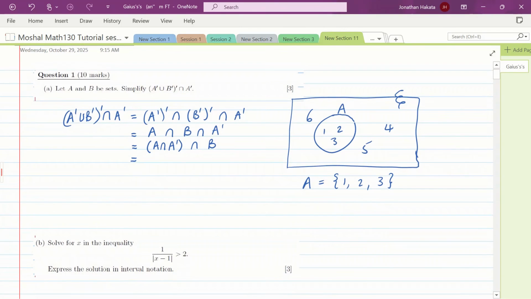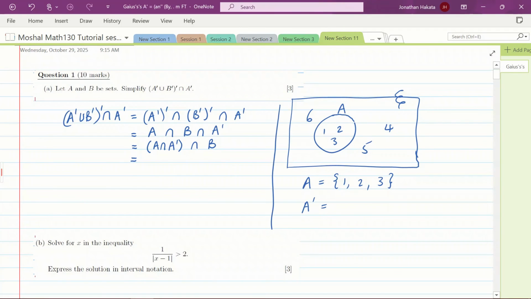Yeah. Okay. So tell me, what are the elements of A complement from this example that we are doing? 4, 5, and 6. Okay. So A complement would be 4, 5, and 6. These are the things that are not in set A, right? Now, what is A intersection A complement?